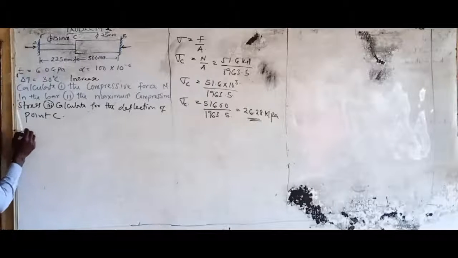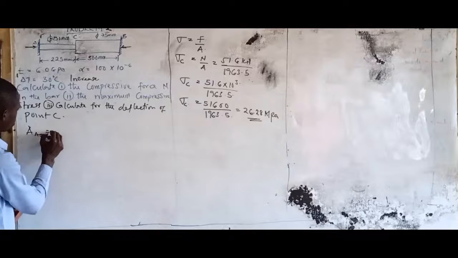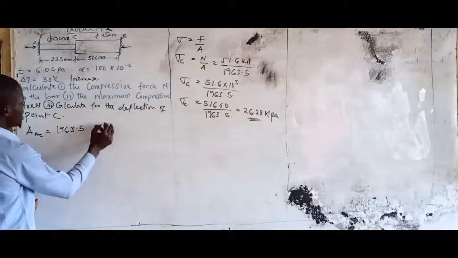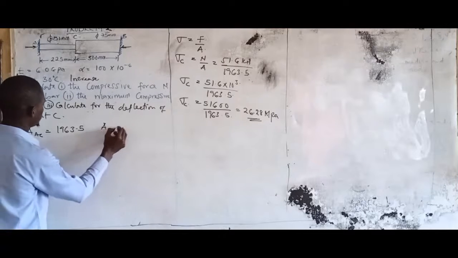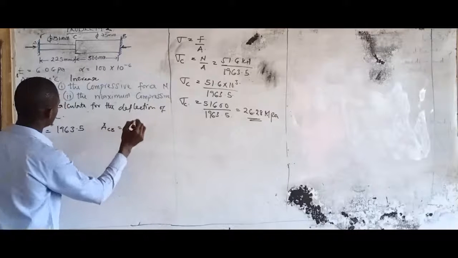Don't forget, I have my area of AC equal to 1963.5 and my area of CB equal to 4417.